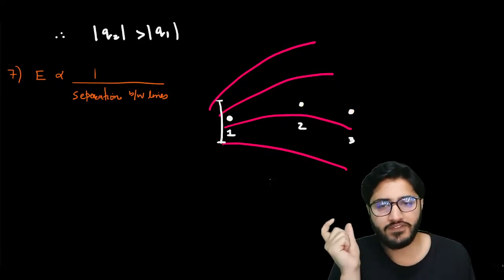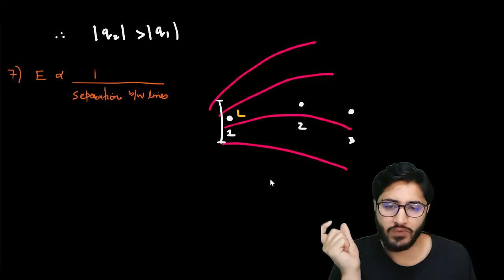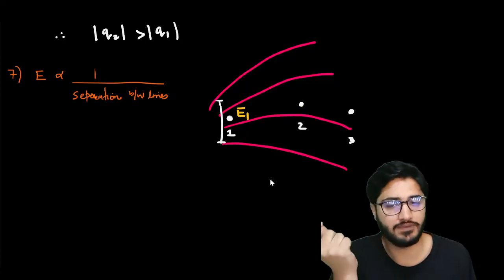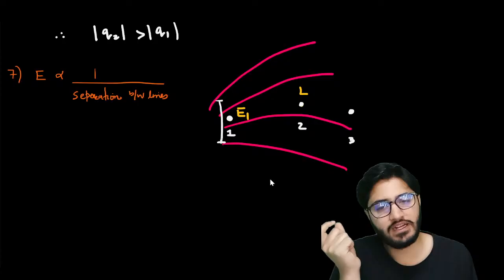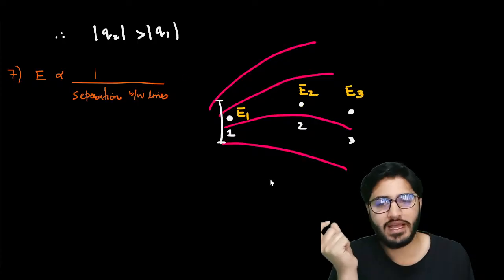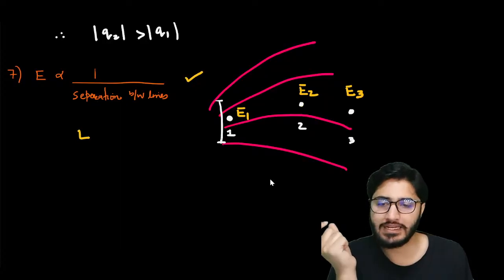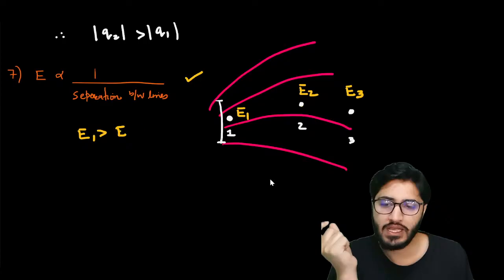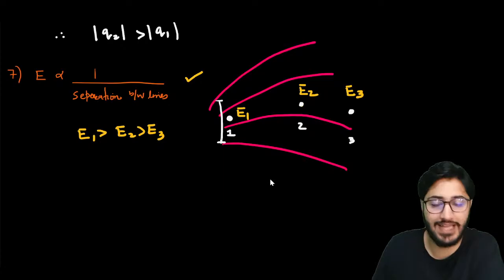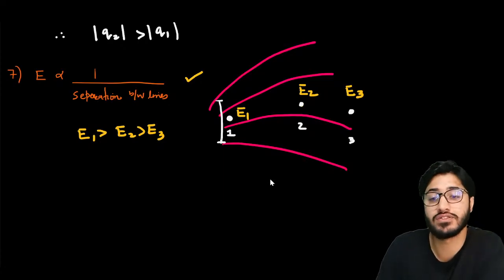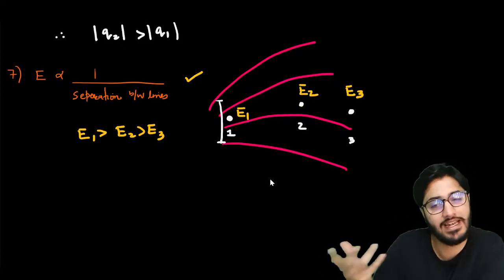So if the electric field at 1 is E1, at 2 is E2, and at 3 is E3, by this formula I can write E1 is more than E2, and E2 is more than E3. The crowdedness of these lines indicates a stronger electric field.